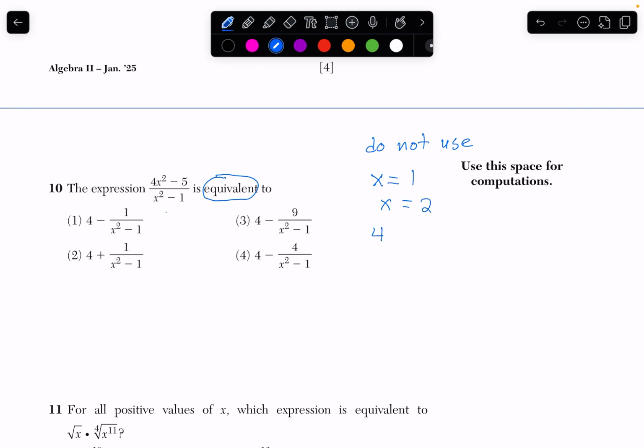So if you put in 4 times 2 squared minus 5 over 2 squared minus 1, you plug that into your calculator, and you get 4 times 4 minus 5 is 11 over 2 squared minus 1, which is 3.